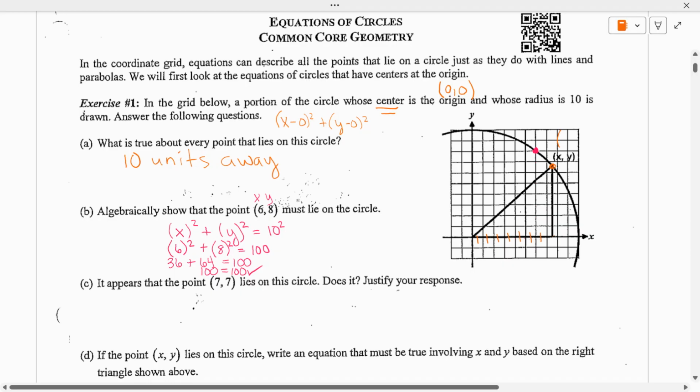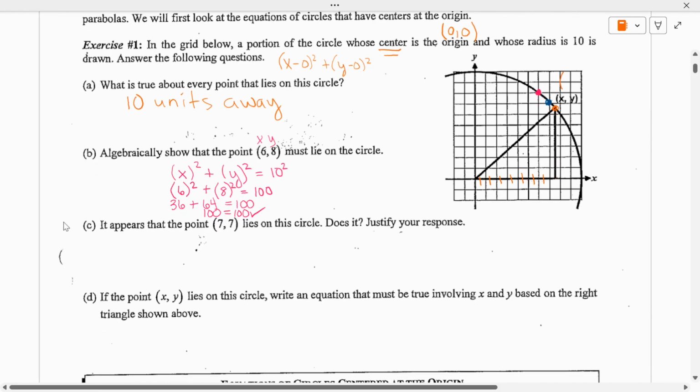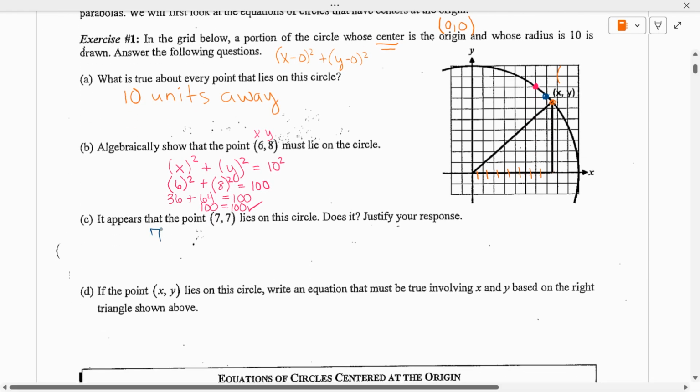It appears that the point 7, 7 lies on this circle. Well, let's check. Because if it does, then 7 squared plus 7 squared will equal 10 squared.